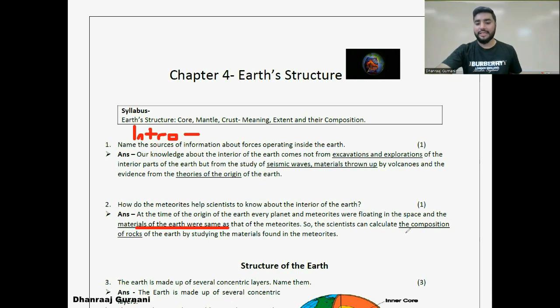So the scientists can calculate the composition of rock of the earth, that is what the earth is made up of, by studying the materials which are found in the meteorites. Why? Because meteorites and the earth are made out of the same material, because eventually everything is a part of space, and meteorites as well as planets including our earth are a part of the solar system.